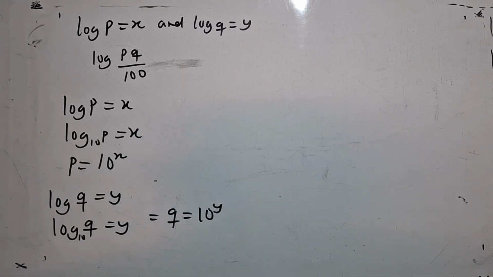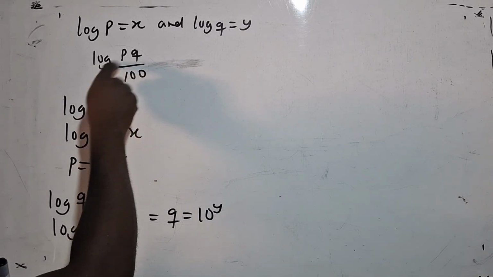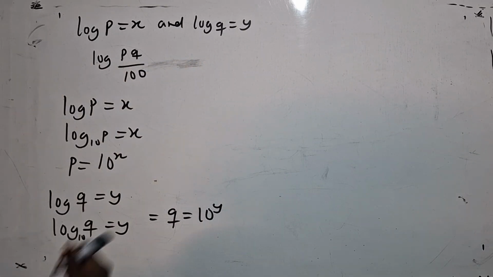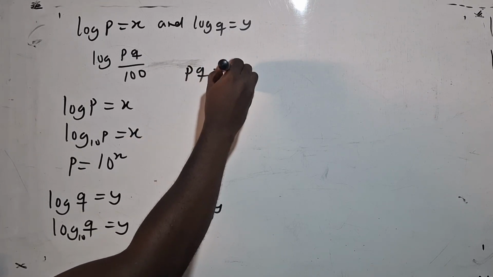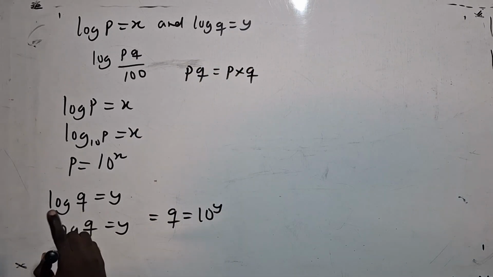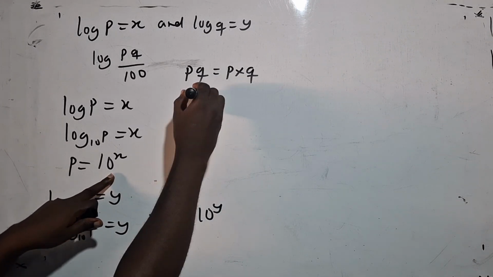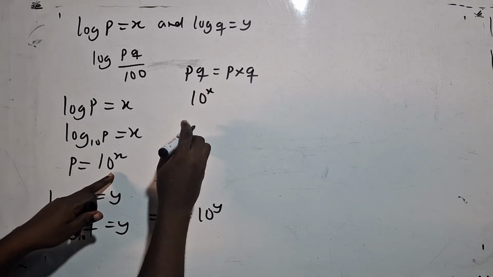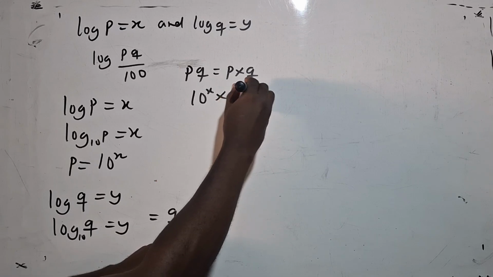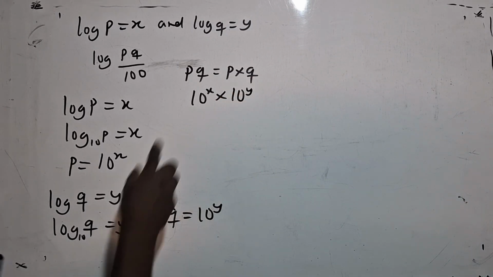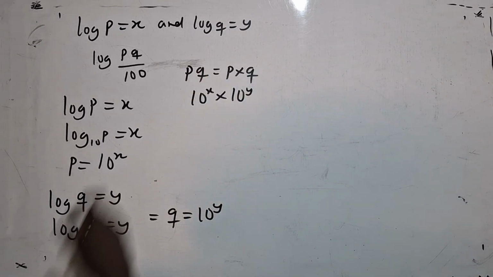But the question itself says that we have to evaluate pq. Now the pq means p times q. And now p is 10 raised to the power x times q, 10 raised to the power y. So the bases are the same, they are multiplying. What do you do? I'll add the powers.